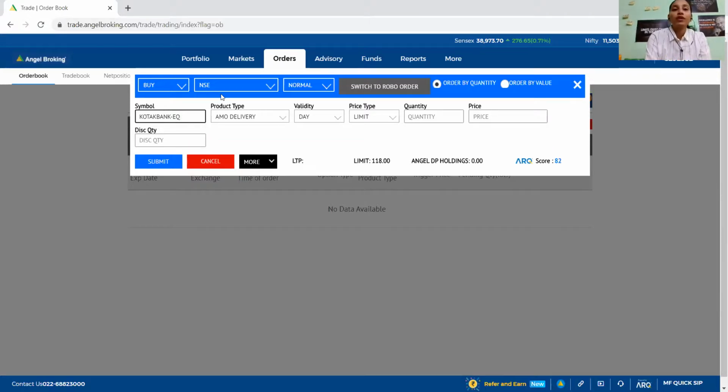You can do buy or sell, or change it immediately also. Right now I'm doing buy. There are a lot of things, NSE and all these. You always choose NSE in cash.